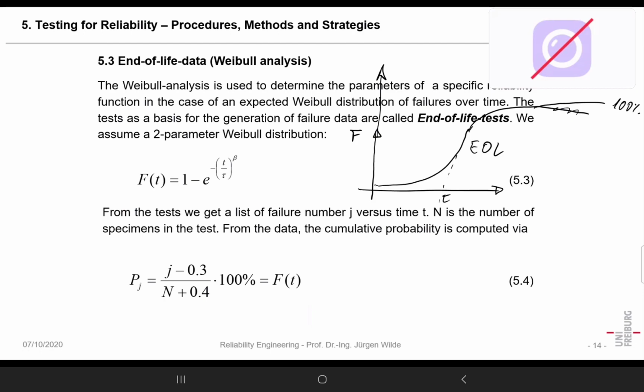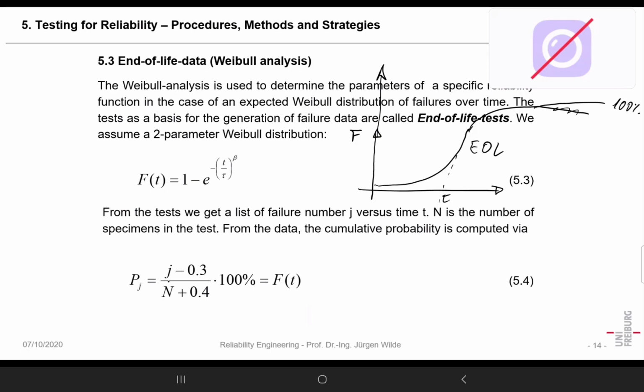So when we want to define that f of t, if we have only a few failures, we must make a certain correction. The j is here the number of failed ones, so it's or we can also say n. N in the other failure rate consideration, it's more the total number failed. Here is a j, just the index, first failed, second, third, and so on.